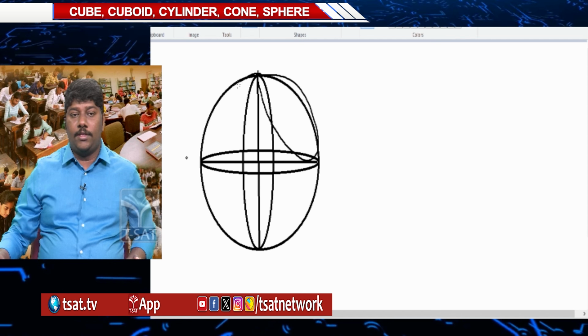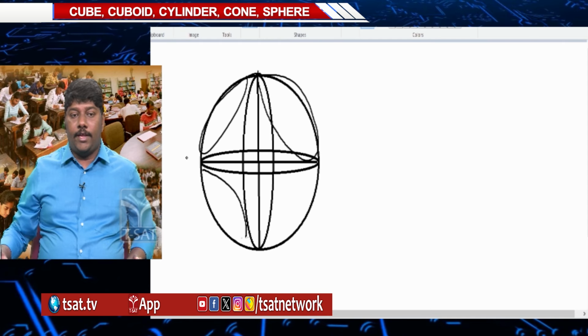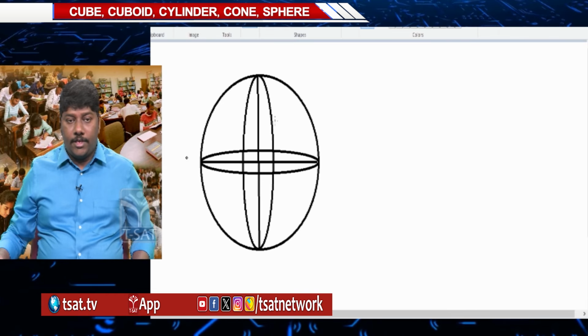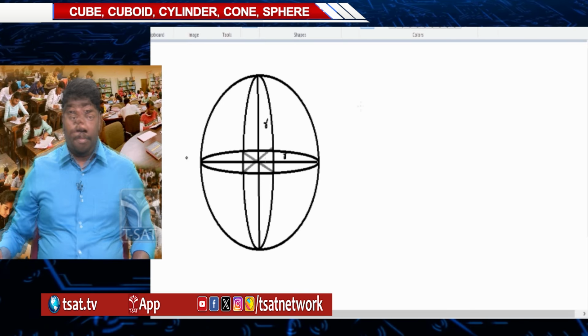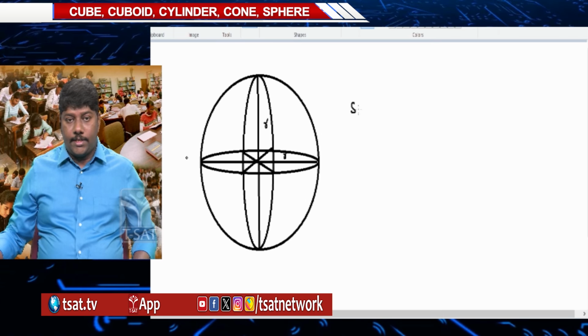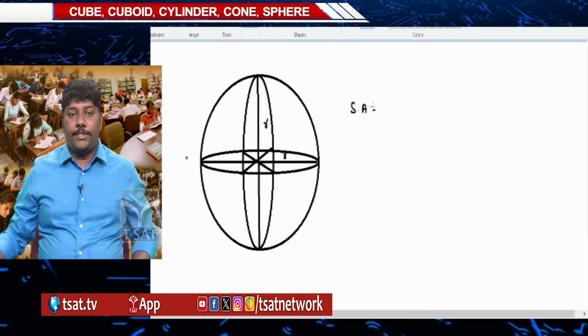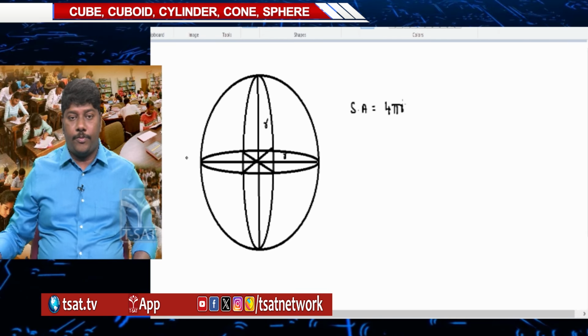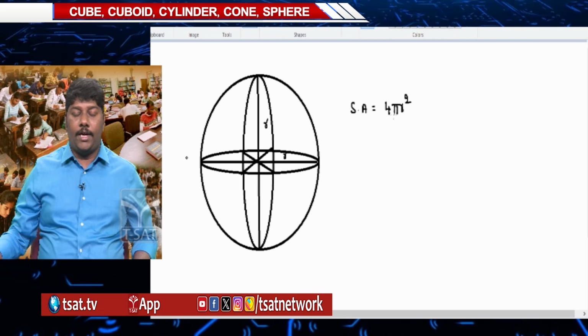This is one circle, circle 2, circle 3, circle 4. Therefore, remember these are all radius. The total surface area of a sphere is formed by 4 circles with the same radius as the radius of the sphere. So, it is 4 pi r square.